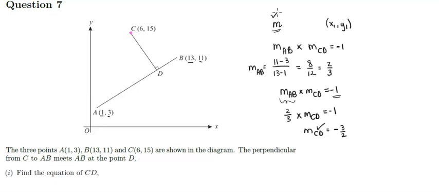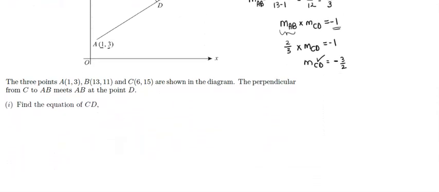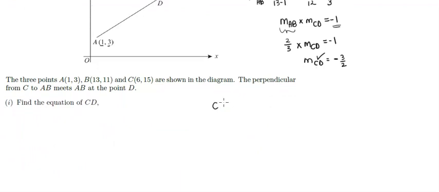So now that we have its gradient, and we have a point on the line CD, which is (6, 15), we can now get the equation of CD. So I'm going to move down here. We have the point C, which is (6, 15). We have the gradient of CD, which is negative 3 over 2.